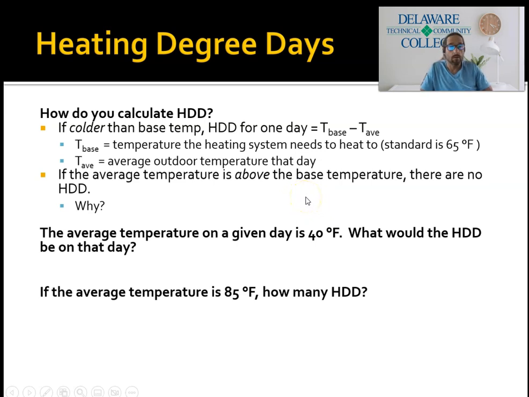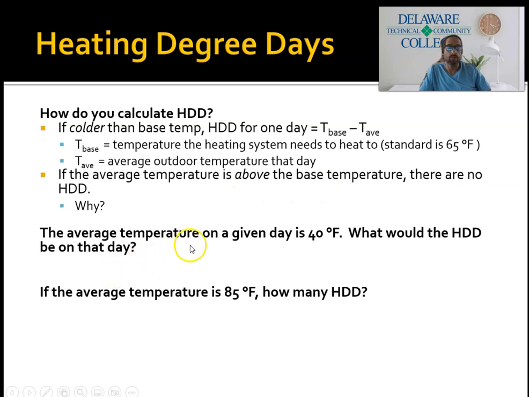If it's warmer on average that day, like today, it's probably been about 72 degrees as I'm recording this, the average temperature was higher than my base temperature, and there's 0 HDD on a day when it's warmer than the base temperature. Why is that? Well, if it's warmer outside than it is inside, you obviously don't need any heating. And HDD is a measure of how much heating you need, so if you don't need heating, you have no HDD.